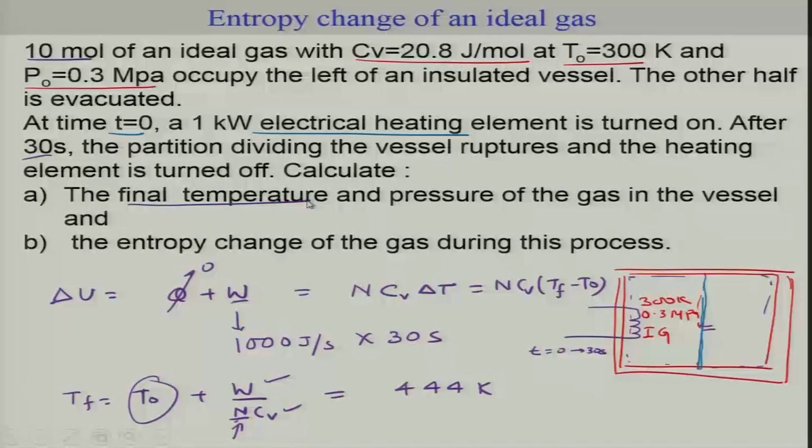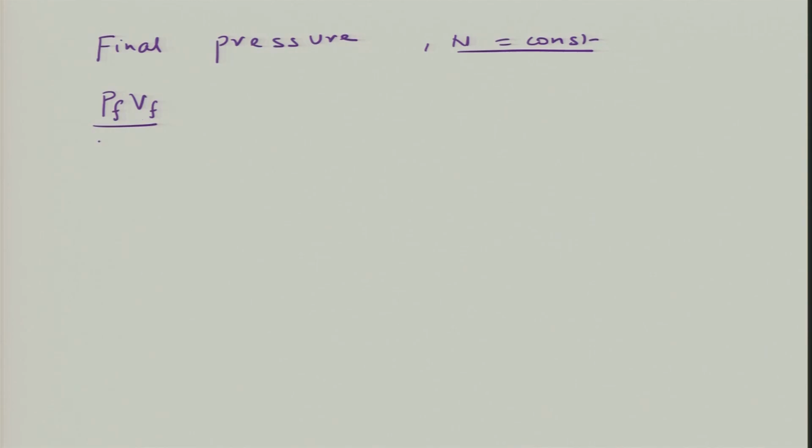So now let us find out what is the pressure of the gas in the final state. So to obtain the final pressure, since n is constant, we can use the ideal gas equation, and we can write n as PV by RT.